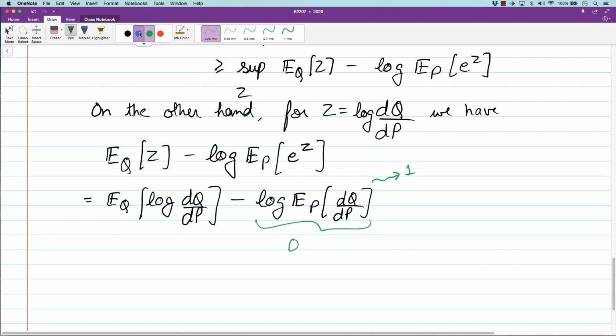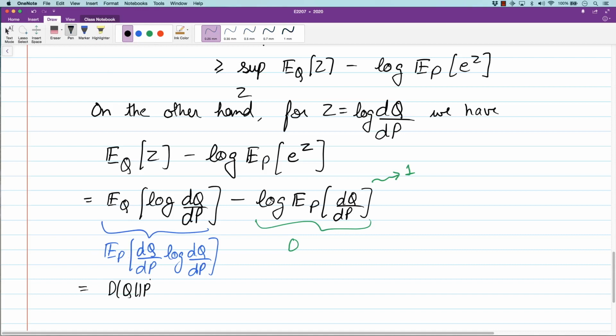And this guy here is another term disguising our Kullback-Leibler divergence. We have seen this equivalent expression before. Once again, remember that if you want to switch from measure Q to P, you only have to multiply with this density. So this is equal to D(Q||P) minus 0.